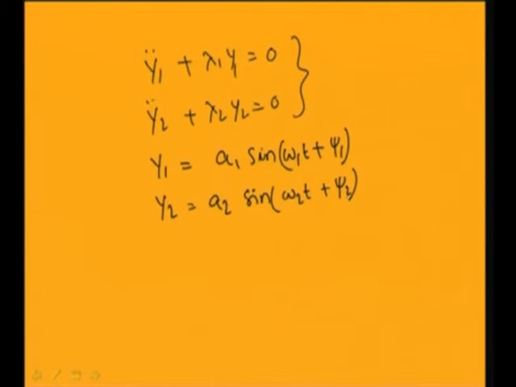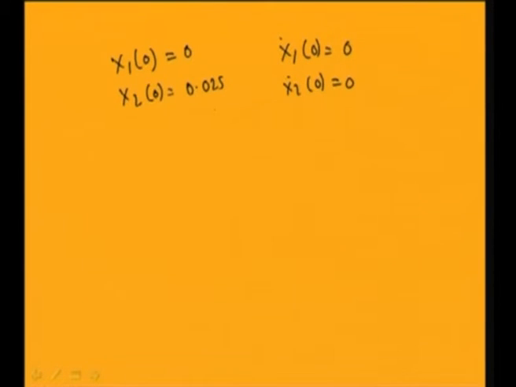In this case omega 1 you already know: omega 1 is 3.9637 and omega 2 equal to 12.6214.